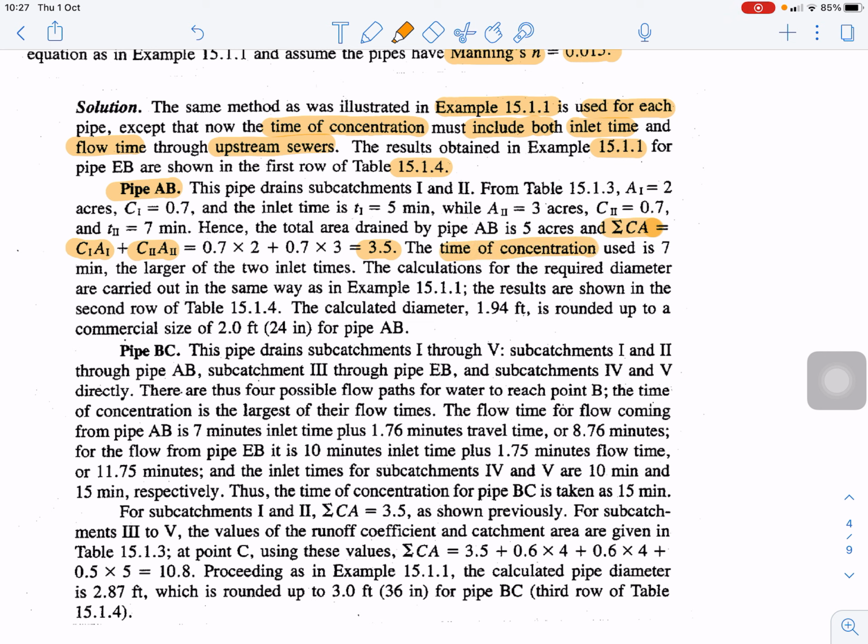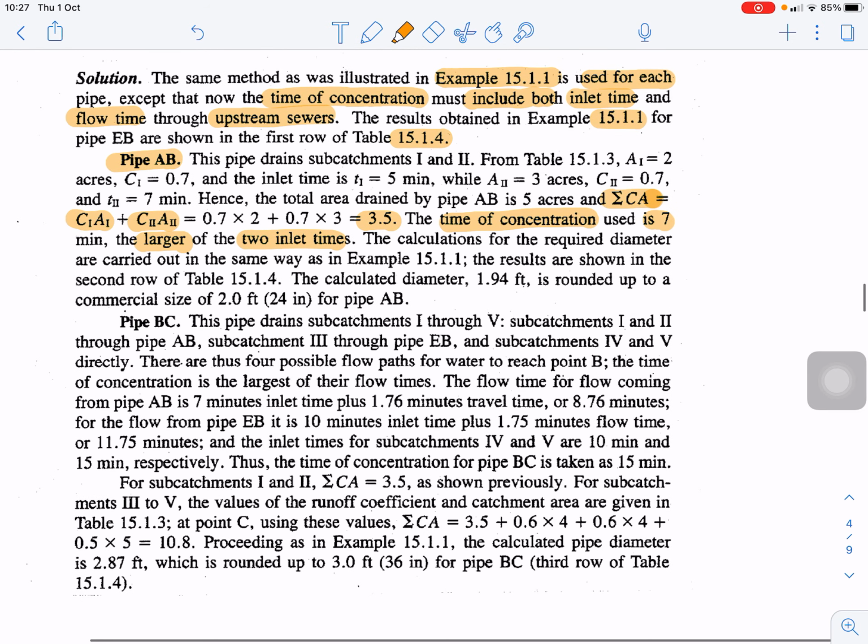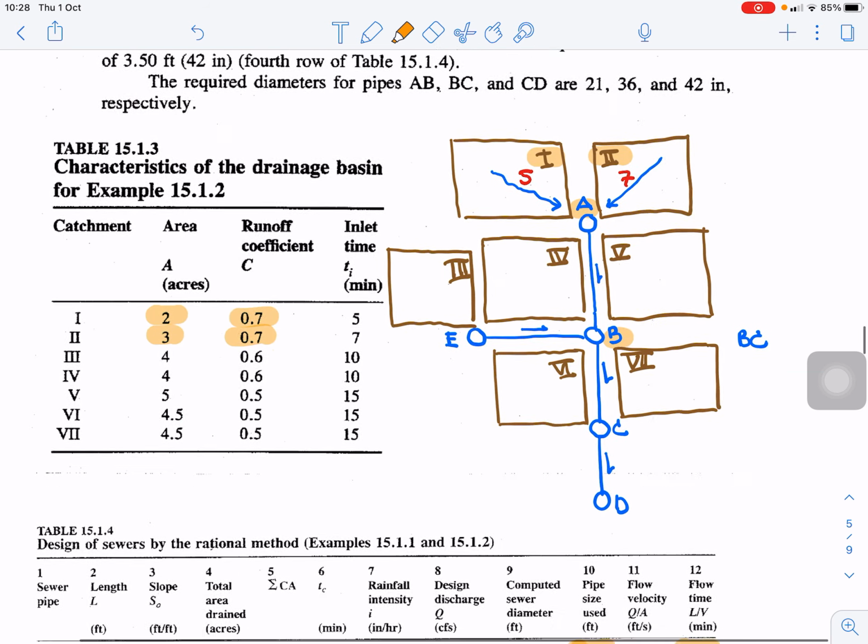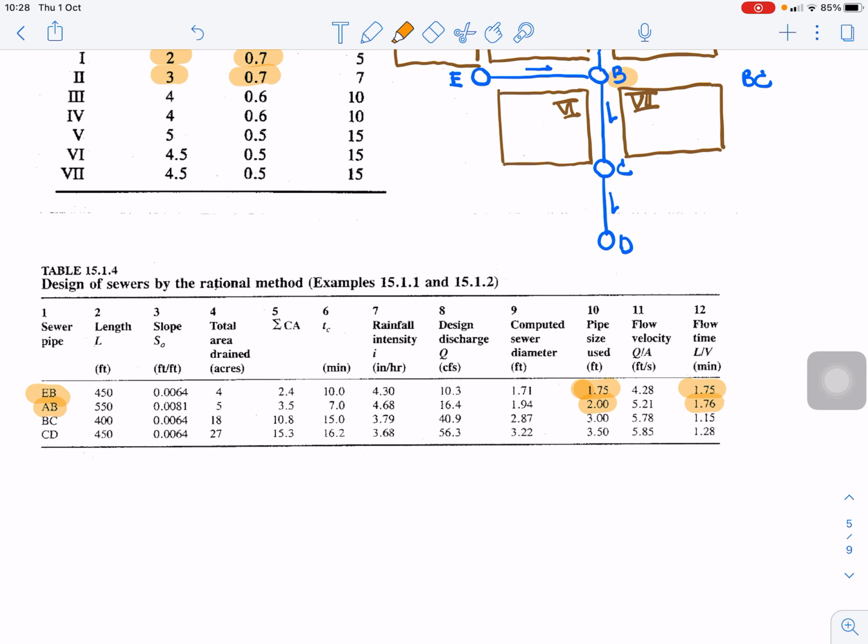For the time of concentration, we use 7 minutes, the larger of the two inlet times. The calculation for the required diameter was carried out in the same way as the previous example, and the result is shown in the second row of this table. The calculated diameter is 1.94, rounded up to 2 feet for pipe AB, and the flow time is 1.76.